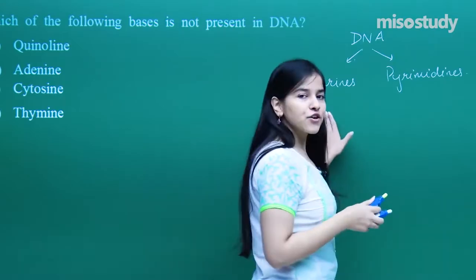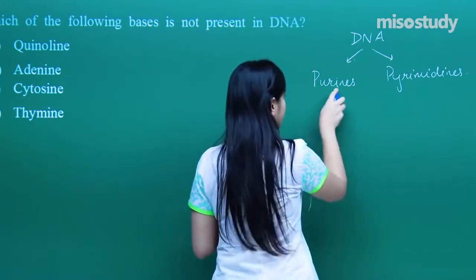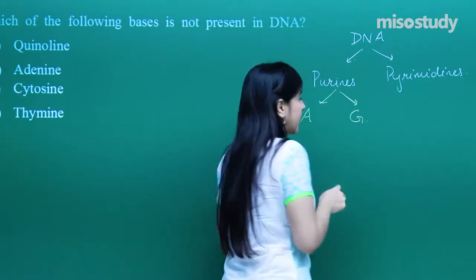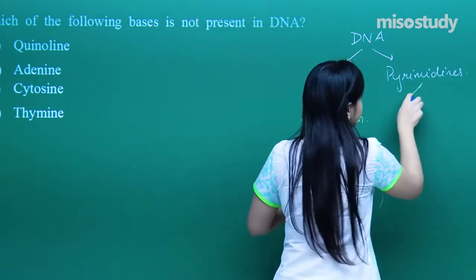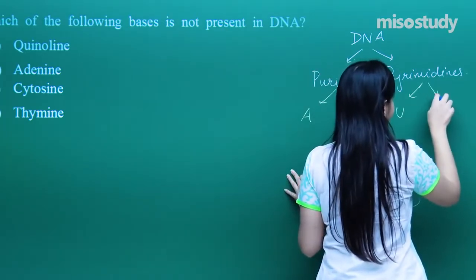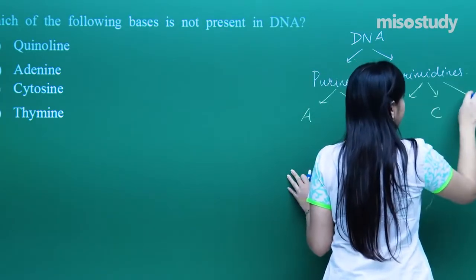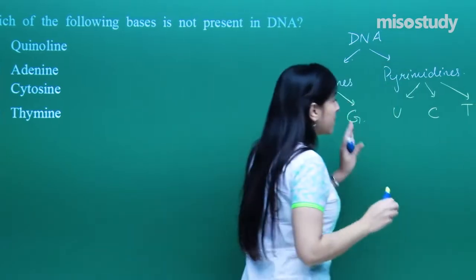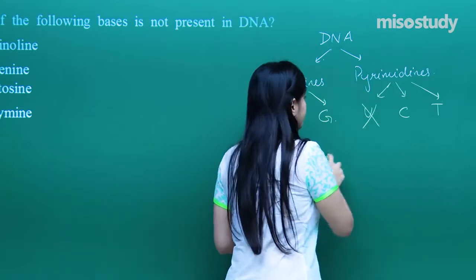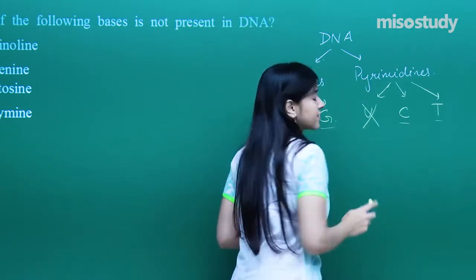Under the category of purines, we have adenine and guanine, A and G. And under pyrimidines, we have uracil, cytosine and thymine. But in DNA, uracil is not present, only the other 4 bases are present.